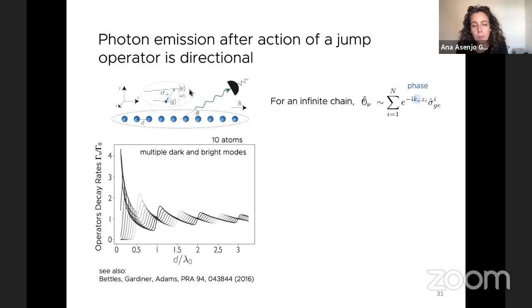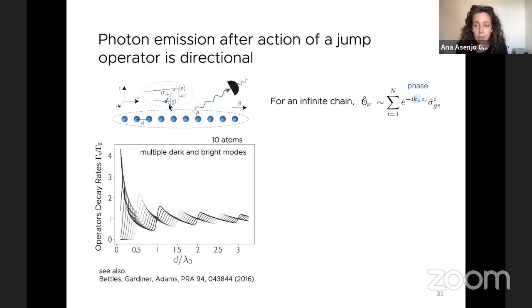These atoms in principle can have a complicated hyperfine structure, but I'm going to apply a magnetic field such that the cycling transition is selected. And because of the geometry, these atoms are not going to leave this two-level subspace. This is very important.